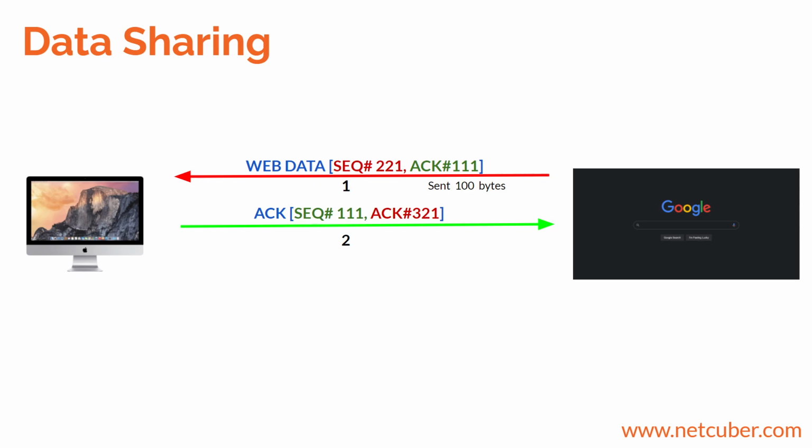The server sequence number will be 221 and 111 is the client sequence number, which it is acknowledging. Once the client has that information, it acknowledges back. So in that acknowledgement, the server sequence number is updated again. It was 221 and now it's 321, and the client sequence number will be 111.